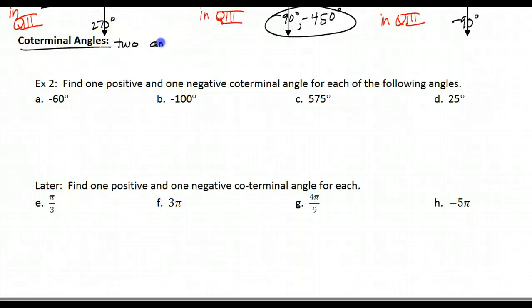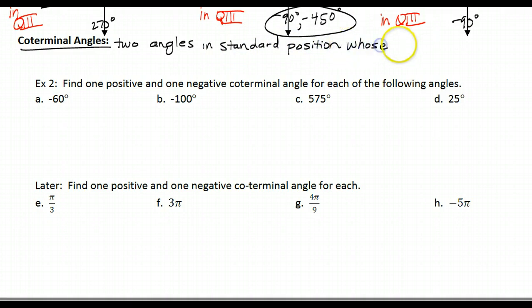And now here's the official definition. It's two angles in standard position whose terminal sides coincide, which means they land in the same spot.